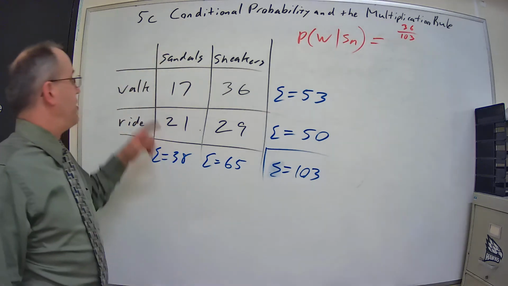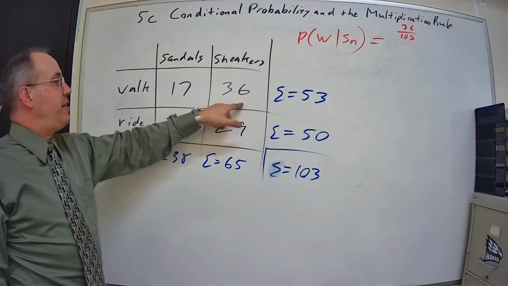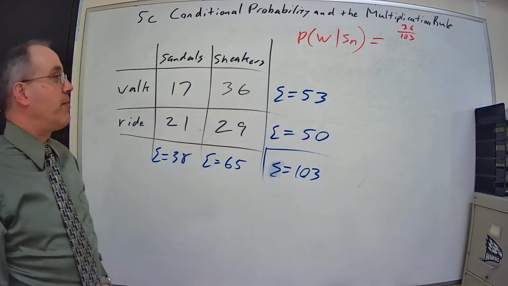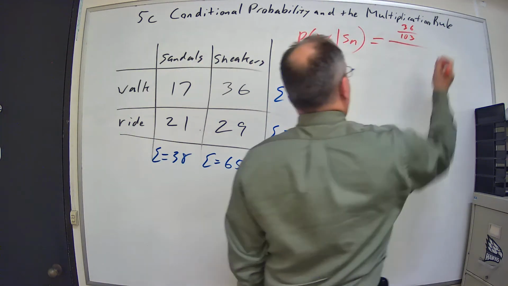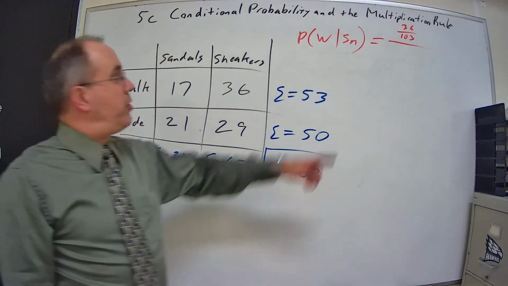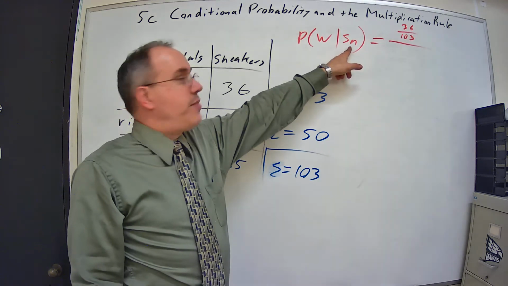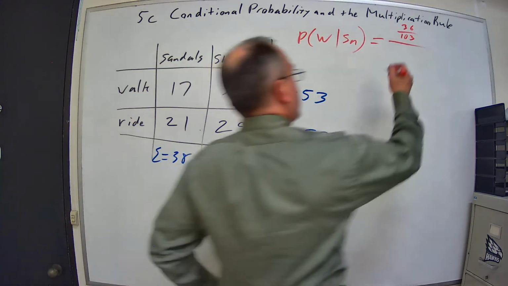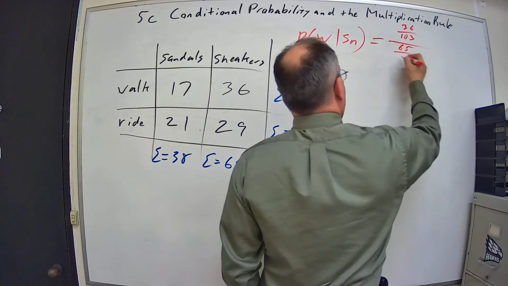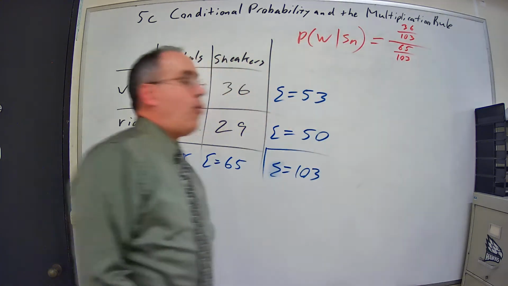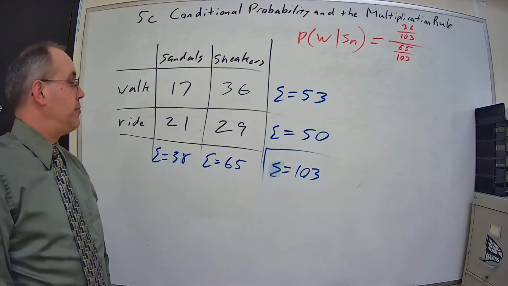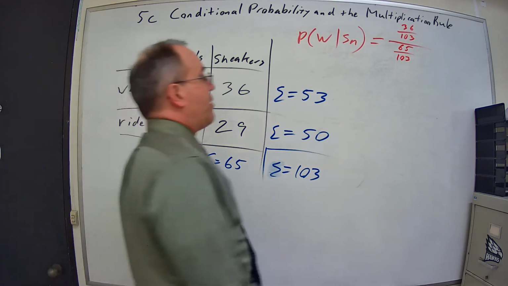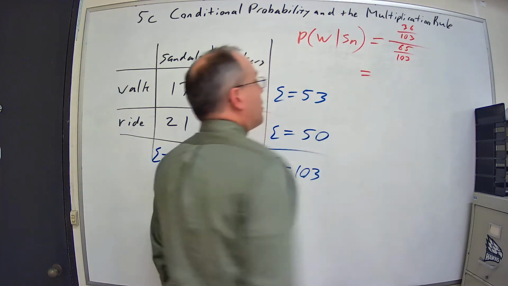The probability of W and SN, that's here, where they both occur, over the probability that whatever the given is, that they wear sneakers. How many people wear sneakers? 65 over 103.